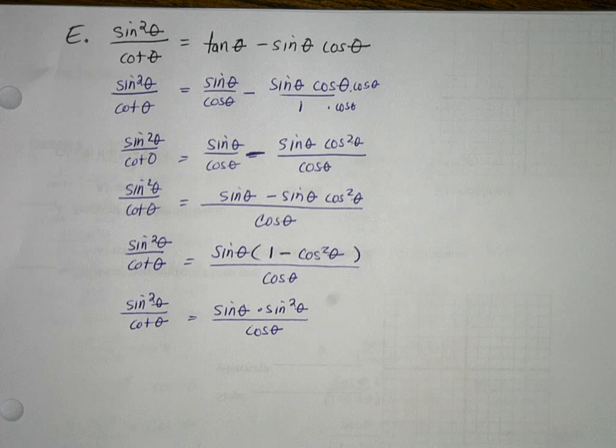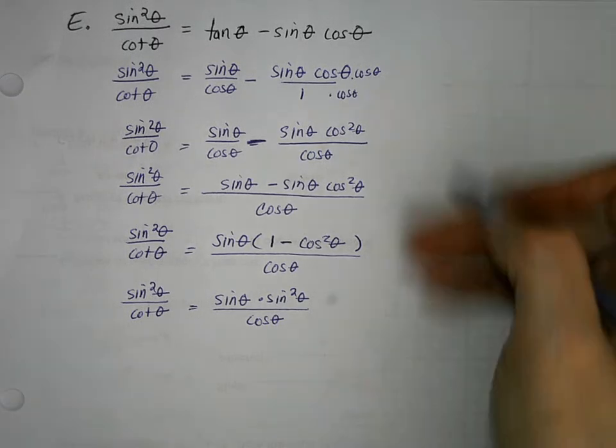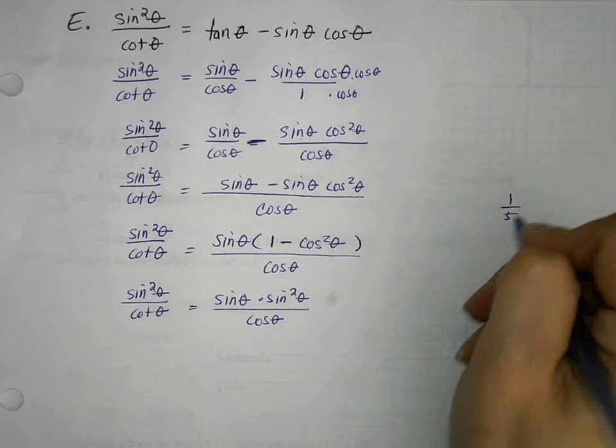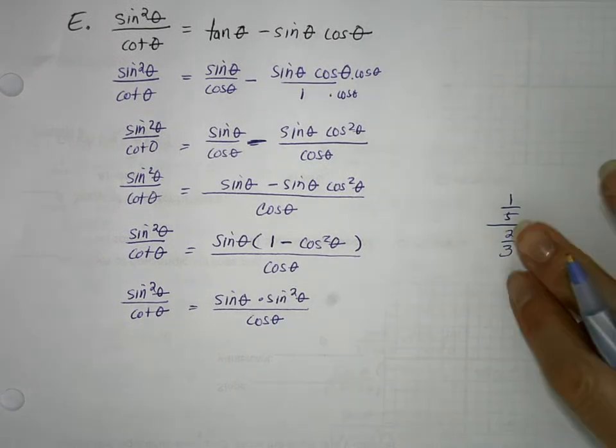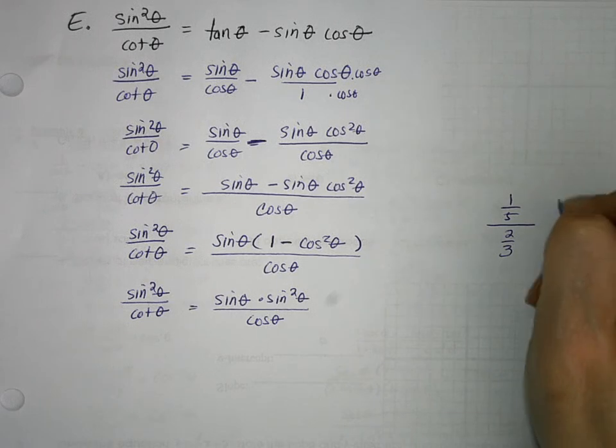Now I got a question, and this is going to be a little bit sneaky. You're kind of sneaking this in the back door a little bit. But here's my question. Really, in the numerator of this fraction, I only want what to be there? Sine squared. Is it not true that when I divide by a fraction, I multiply by the reciprocal, correct? So like, for example, just off to the side here, if I took 1/5 and I divide by 2/3, I'm going to flip the bottom fraction over, and I'm going to multiply by 3/2, correct?